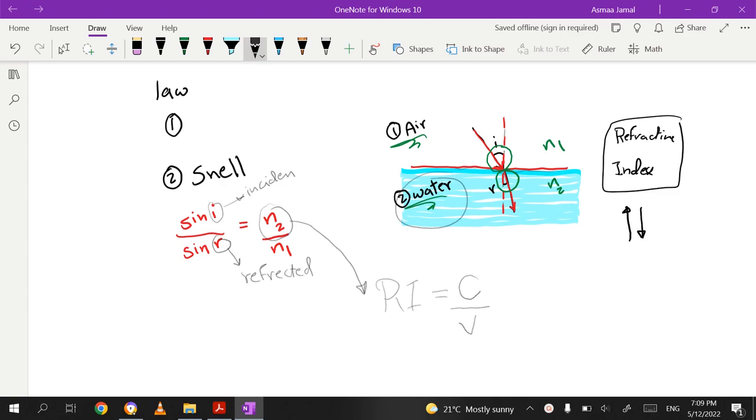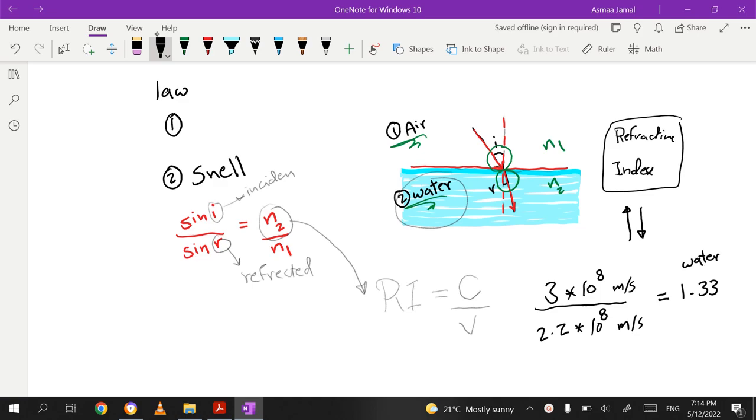The speed of the light in vacuum is about 3 × 10^8 meters per second, and the speed of the light in the water is about 2.2 × 10^8 meters per second. And the result will be about 1.33. That's the refractive index of the water.